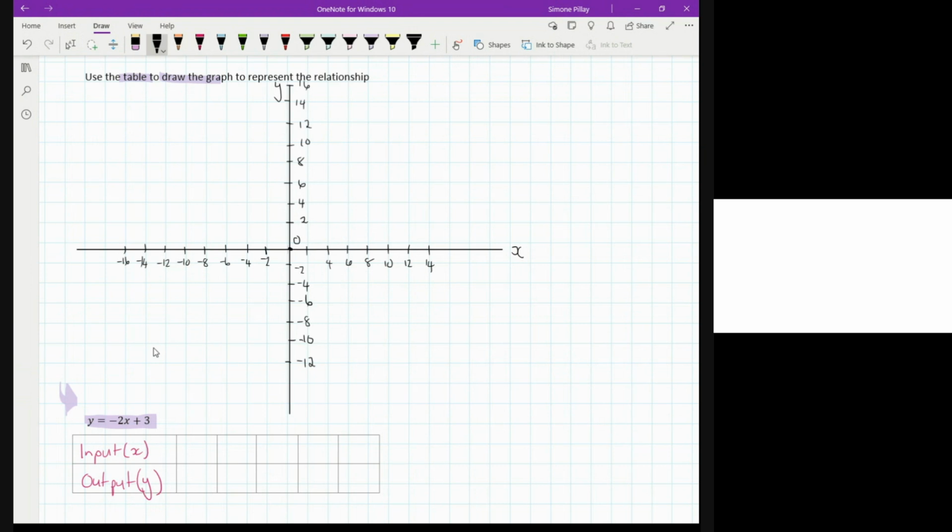So, the safest option is always to make your inputs something like negative 2, negative 1, 0, 1, and 2. Why we pick these strategically is so that we can get a full range of answers as our y values, so that when we're plotting the points, they actually create a proper line. It's not all just going to be in one quadrant.